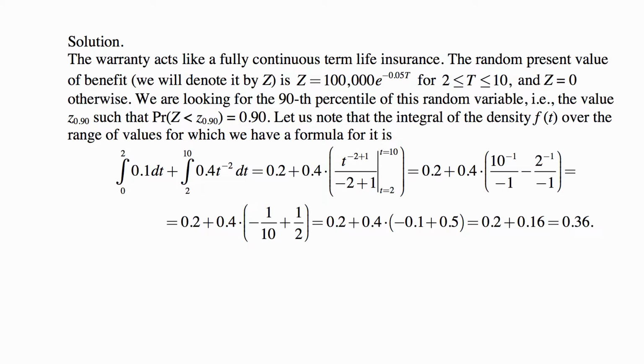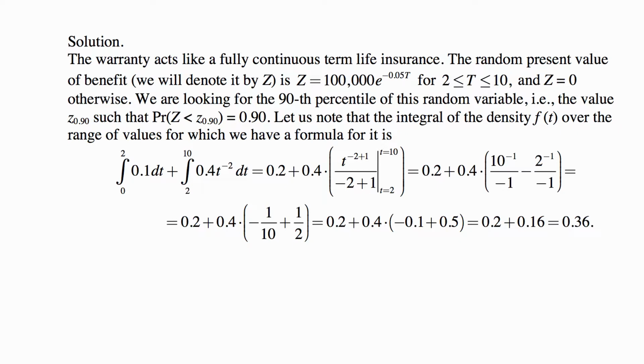The first one is the integral of a constant, so it's 2 times 0.1, which is 0.2. For the second one, the function whose derivative is t to the -2 is t to the -2 plus 1 over -2 plus 1. 0.4 is just a constant, and we evaluate that from t equal to 2 to t equal to 10, taking the value at 10 minus the value at 2.